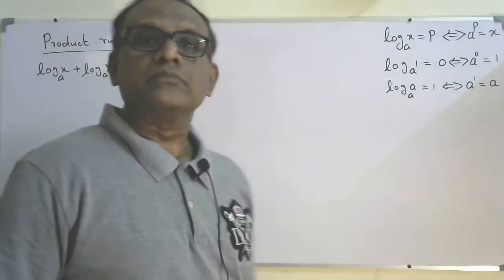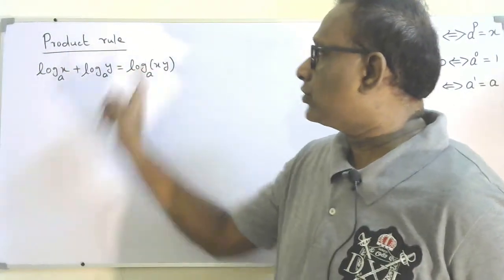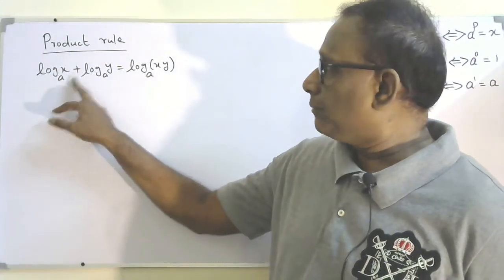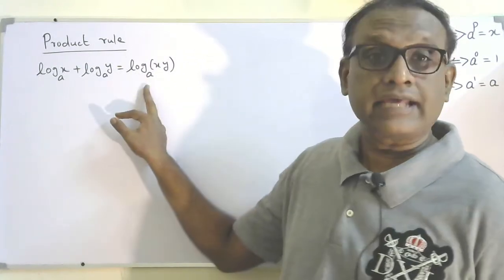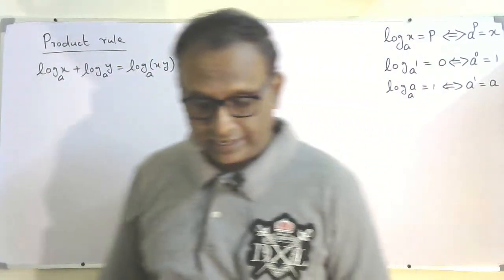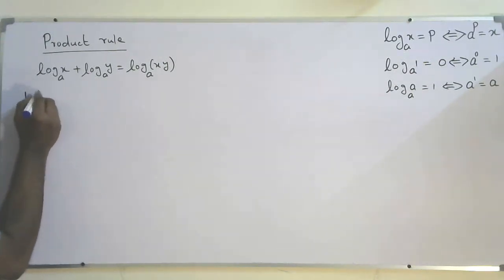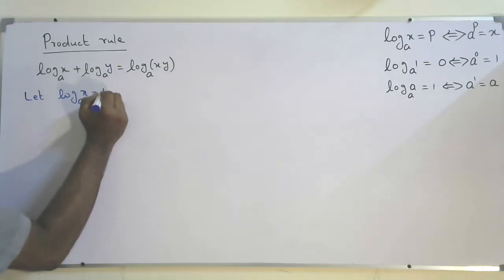Okay, so there are some rules or laws in logarithm. The first rule is the product rule. That is log of x base a plus log of y base a equal to the same base log a of xy. I'm going to derive it. Okay, how to derive it? Let log a of x equal p.